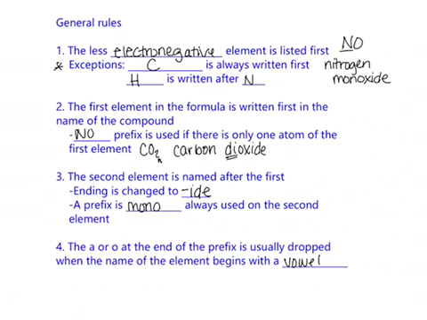If we were going in reverse, if I gave you carbon tetrachloride, you would write the element name, carbon. There's only one, so we don't write the subscript. And then chloride is Cl, and the prefix tetra tells you that there's 4 of them.